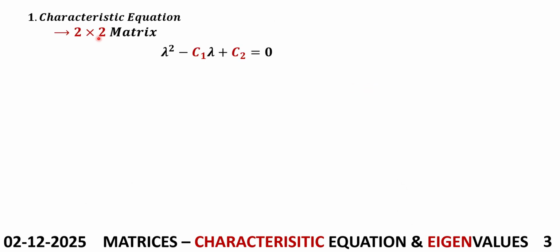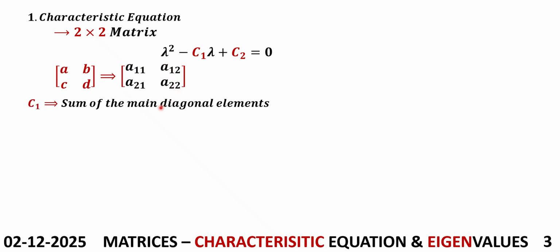The characteristic equation for a 2 by 2 matrix is given by lambda square minus C1 lambda plus C2 equal to 0. Let us consider a 2 by 2 matrix with A11, A12, A21 and A22, which consists of 2 rows and 2 columns. Let us see how to find the value of C1.